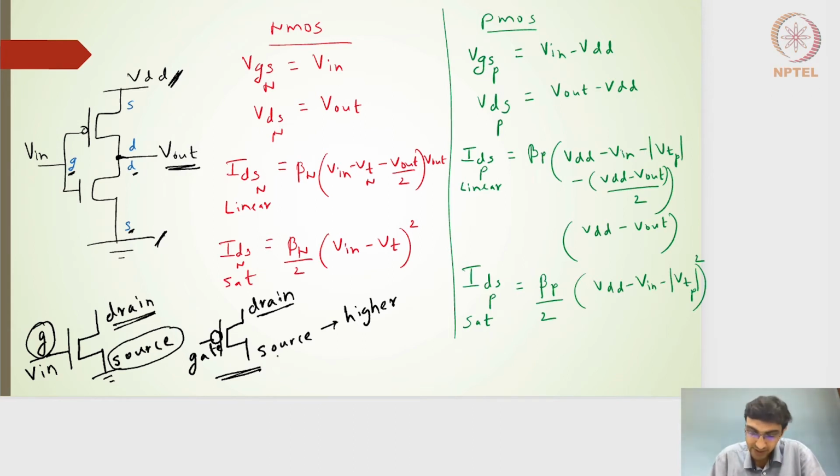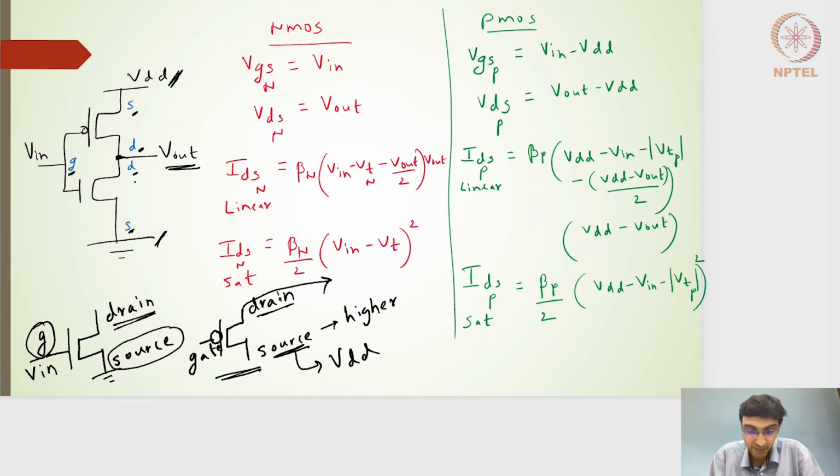So it's better to have the source here connected to the VDD, and the drain side connected to the node where the other terminal of the NMOS transistor starts. For this transistor, we have the gate terminal here. The terminal connected to the VDD is the source, because the source is at a higher potential than the other terminal, and the other terminal is the drain terminal D. So that's how we have labeled this.